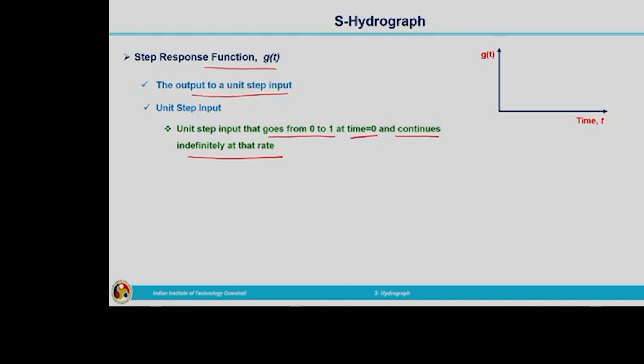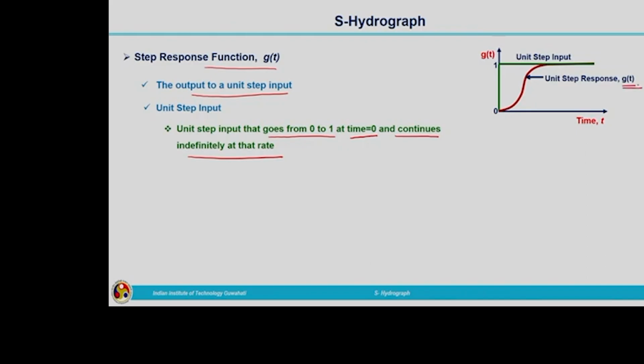That is, the step input varies from 0 to 1 at time t equal to 0 and continues at the same rate indefinitely.